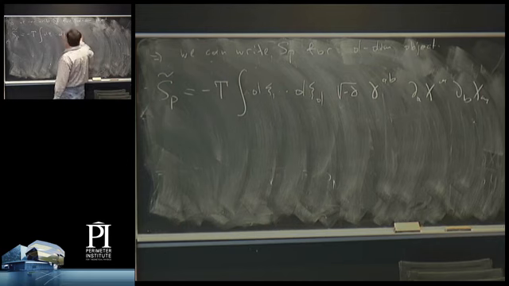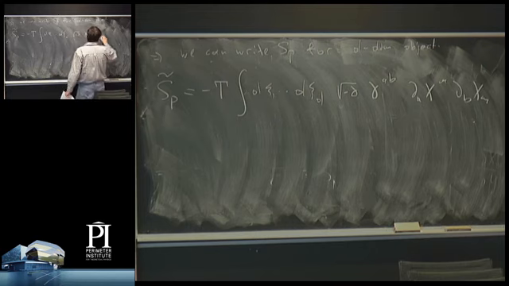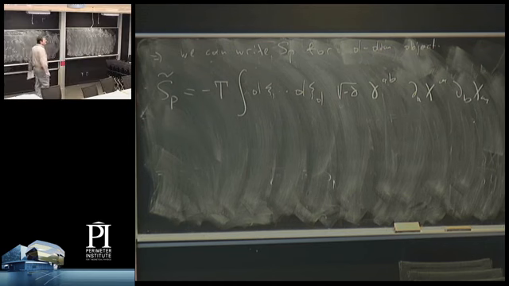And then I would have the square root of minus gamma, gamma^{AB}, del_A x^mu, del_B x_mu. So I would repeat exactly the same steps. You can see that that's a 2-derivative action.